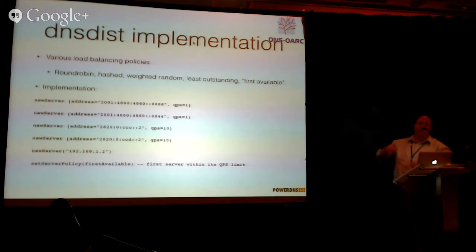So if you say, my first server can handle 30,000 queries per second, my second server can also handle 30,000 queries per second, in this configuration all your traffic will go to the first server that still has room available within its queries per second setting. This delivers the concentrating load balancing solution where you have 10 servers, of which 9 are doing absolutely nothing, and 1 is providing stellar service and very high response speeds to your users.